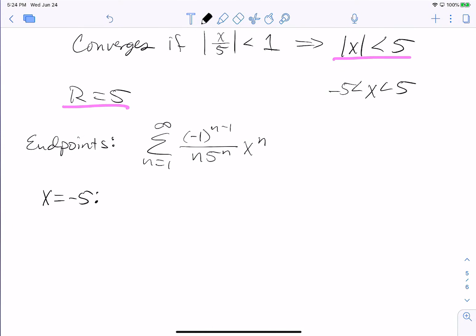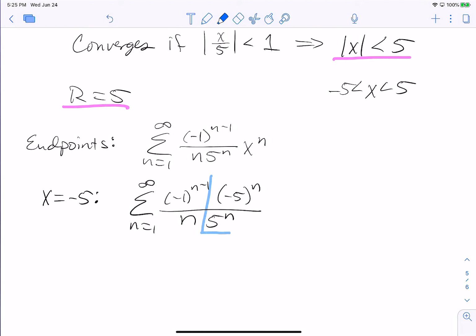We'll start there. We're going to have the sum as n goes from 1 to infinity of negative 1 to the n minus 1 times negative 5 to the n divided by n times 5 to the n. Now, if we consider just negative 5 to the n over 5 to the n, folks, they have the same exponent. Using properties of exponents, we can write that as the fraction negative 5 over 5, whole thing to the n.